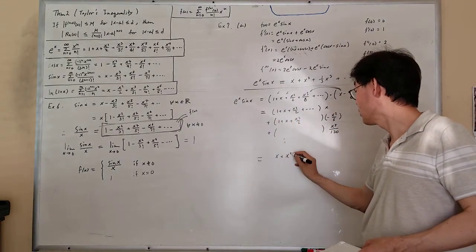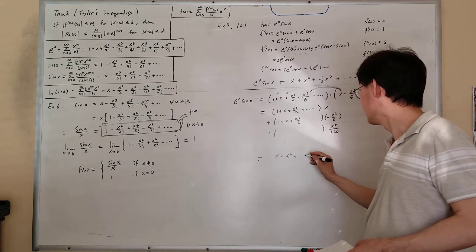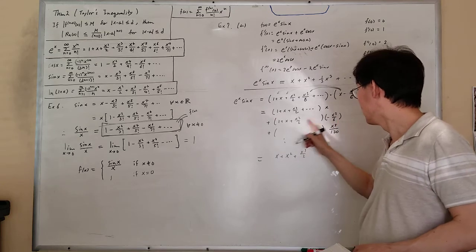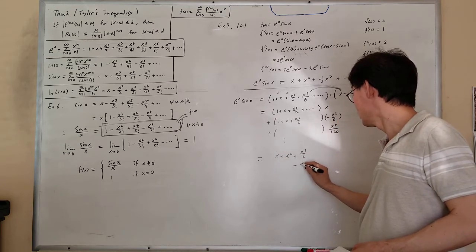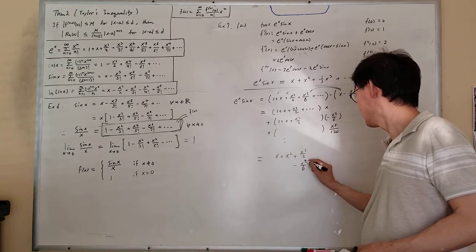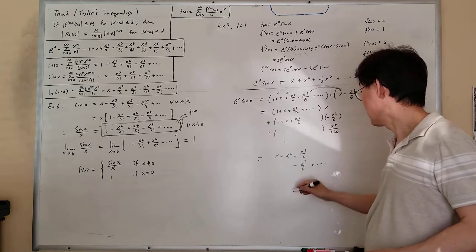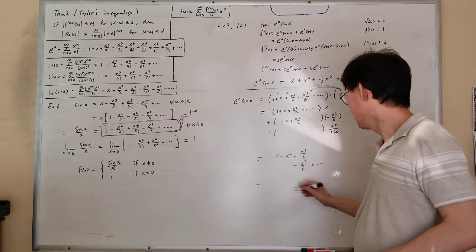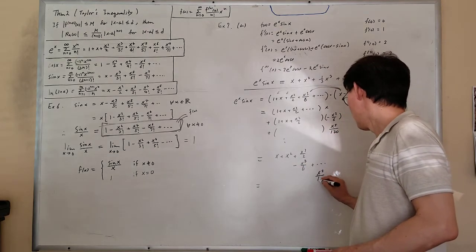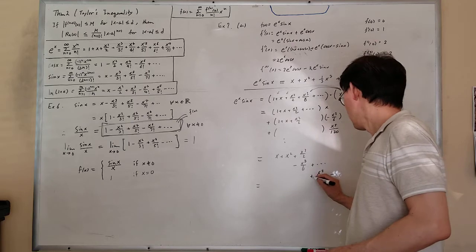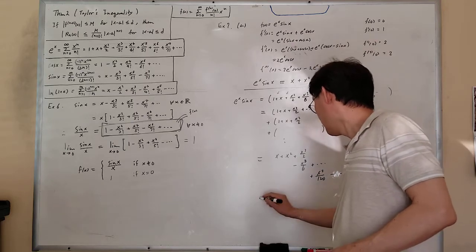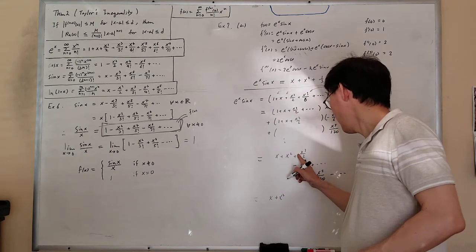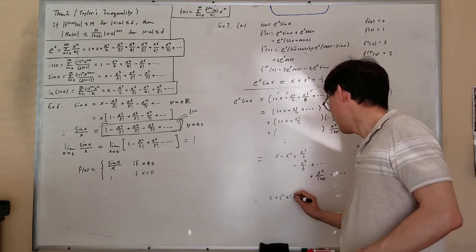X plus x squared plus x to the third over 2 from here, minus x to the third over 6, and the higher order terms I don't care about. From the beginning, x to the fifth over 120 something. So in the end, x squared, 1/2 minus 1/6 is 1/3.